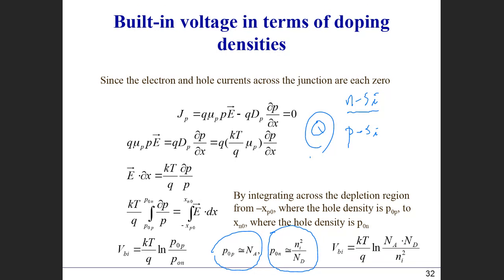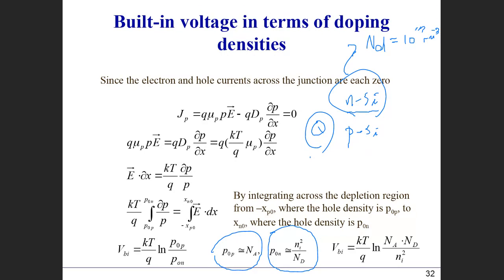For example, let's say I have N-type silicon doped with Nd of 10 to the 17 per cubic centimeter.